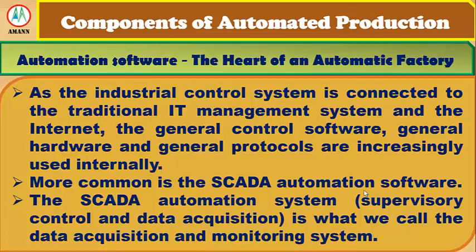Then we have the automation software, the heart of an automatic factory. As the industrial control system is connected to the traditional IT management system and the internet, the general control software, general hardware, and general protocols are increasingly used internally. More common is the SCADA automation software. The SCADA automation system is what we call the data acquisition and monitoring system.